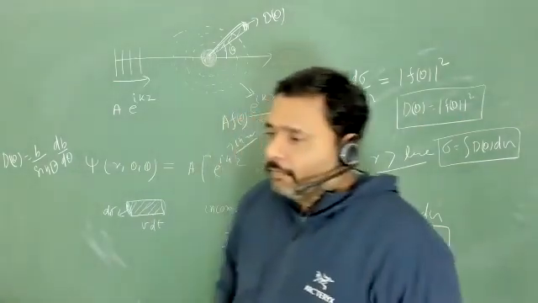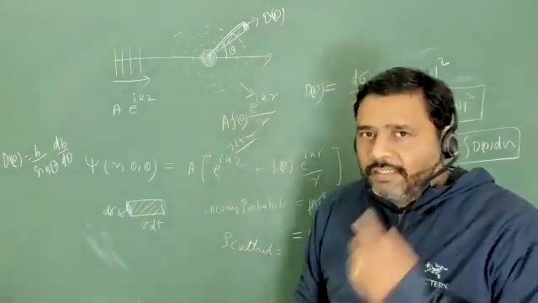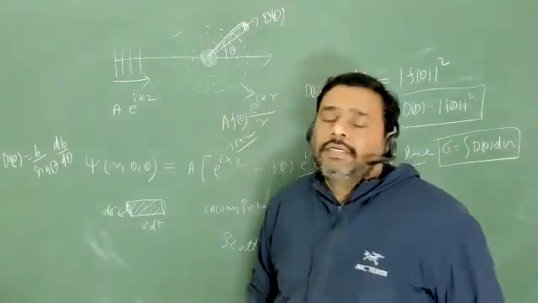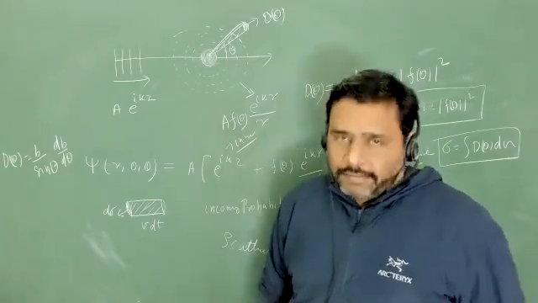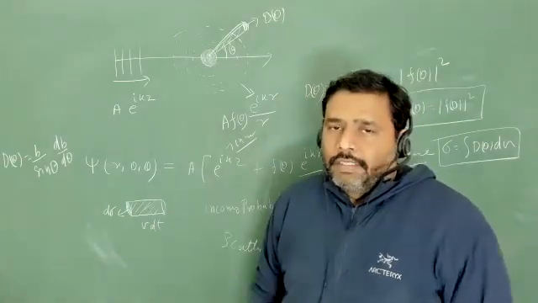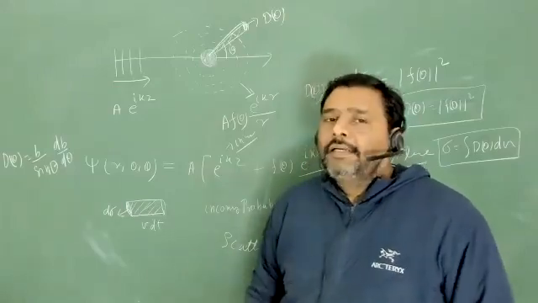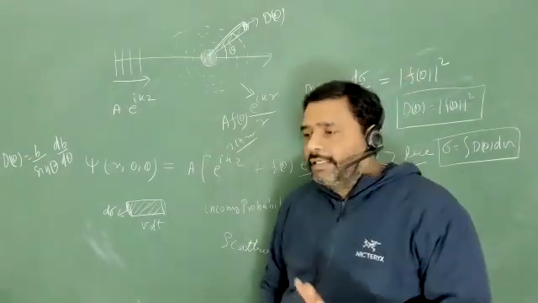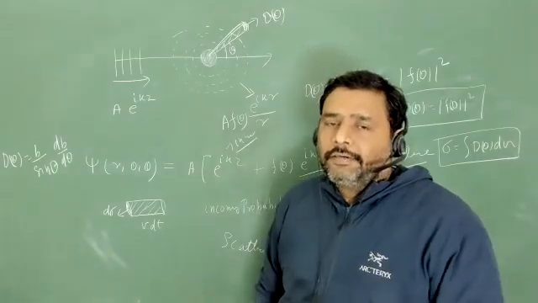So what do we have to do? We have two methods to calculate this. The first method is the Born approximation, and the second method is partial wave analysis. We have to learn these two methods. But before that, let us see how we can construct the solution for scattering.